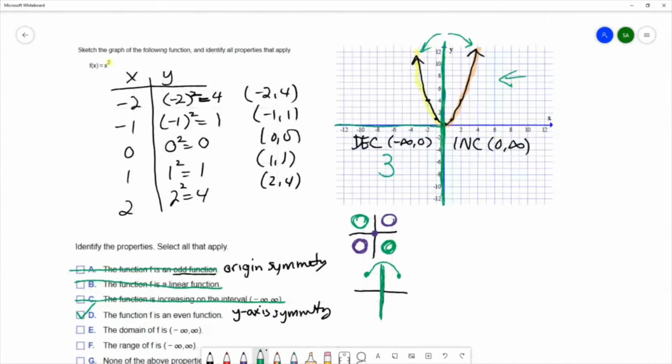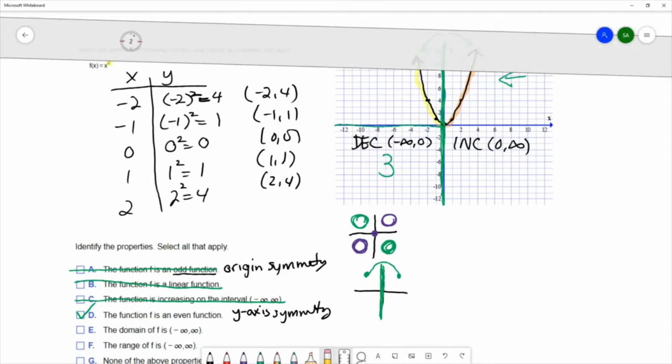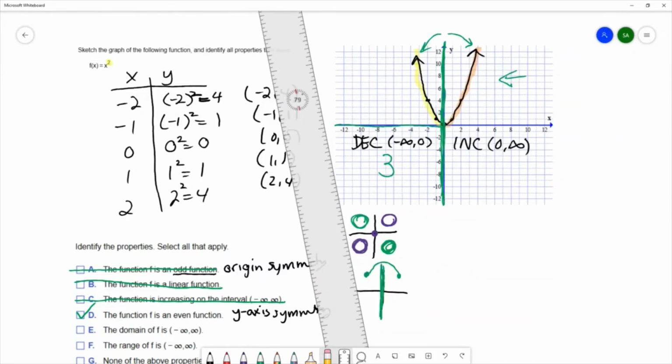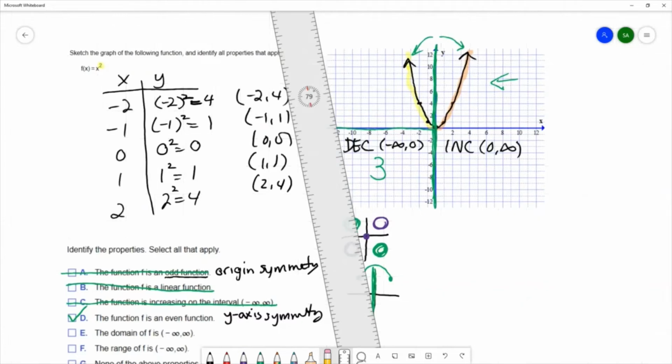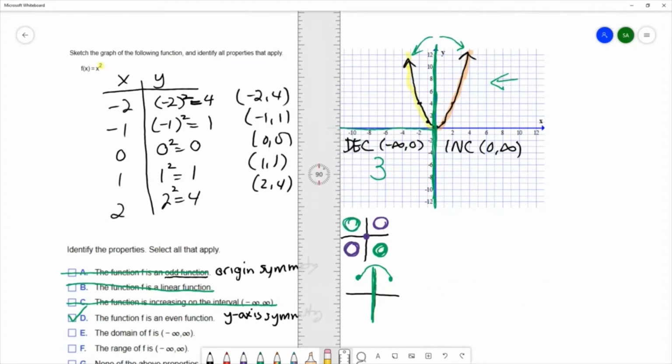The next property says the domain of f is negative infinity to infinity. I'm going to take my ruler and hold it vertically and think about when is the first time my ruler would hit the graph. Because of this line going on forever, it's going further and further left the higher and higher we see it.